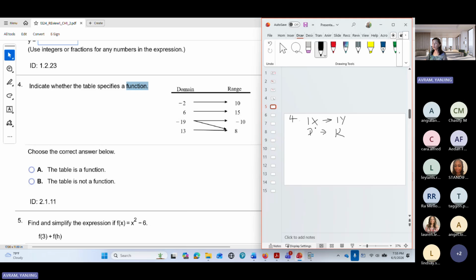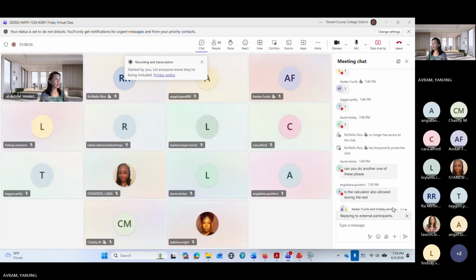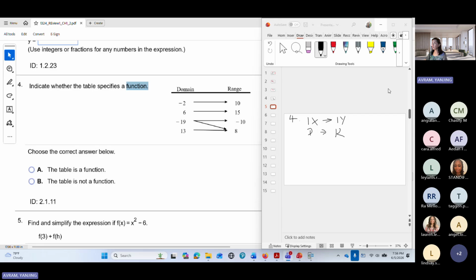In order to be a function, one input can only have one output. So does this one qualify as a function? Okay, anyone, yes or no? Don't be shy. The answer will be no.